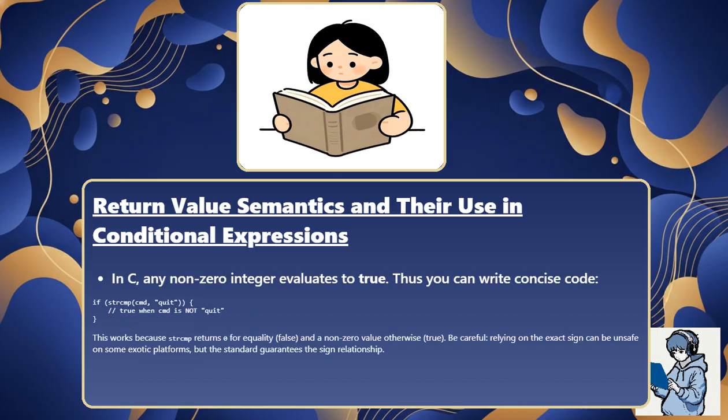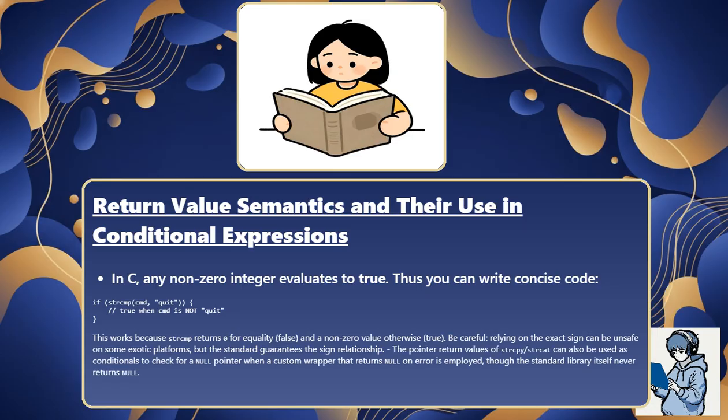In C, any non-zero integer evaluates to true, thus you can write concise code like if (strcmp(cmd, "quit")) then true when cmd is not quit. This works because strcmp returns 0 for equality, which is false, and a non-zero value otherwise, which is true. Be careful, relying on the exact sign can be unsafe on some exotic platforms, but the standard guarantees the sign relationship.